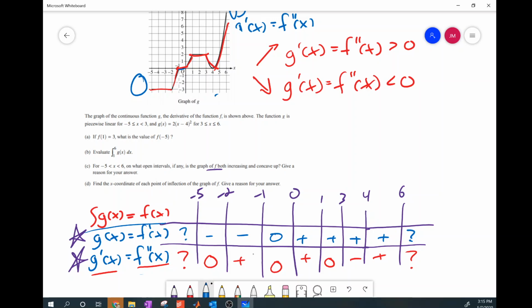So then where is it increasing and concave up? Well, that means positive on top and the bottom. That's going to be between 0 and 1 and between 4 and 6.